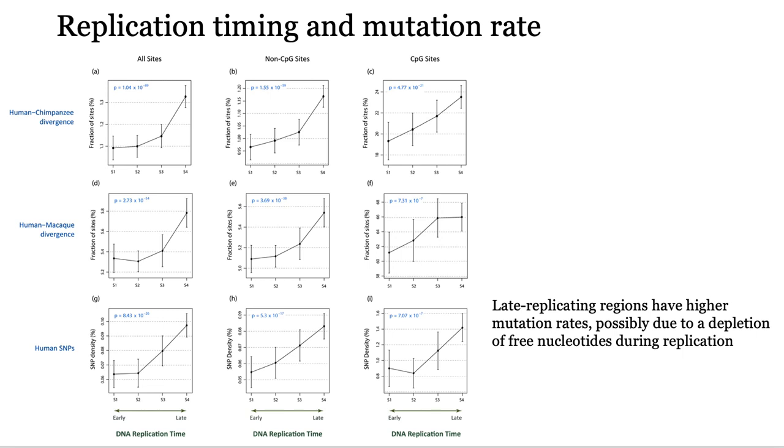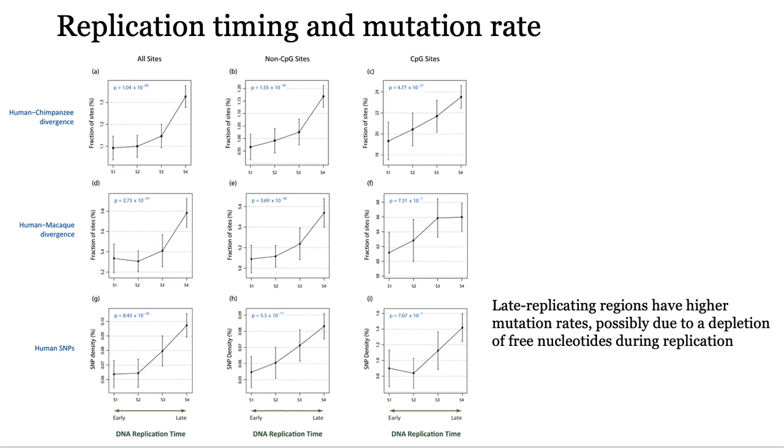But the x-axis represents replication timing, early replication and late replication on the right. And the y-axis is a proxy of mutation rate. What it does here is to use the difference between human and chimpanzee, human and macaque, human and baboon, and then different humans.